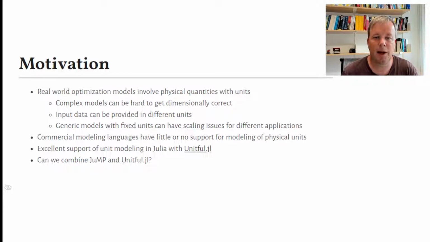And scaling, where generic models with fixed units can have scaling issues if we change the application area for the model. While commercial modeling languages have little or no support for modeling of physical units, Julia has excellent support through the Unitful package, and the ambition of this package is to support this in JuMP models.